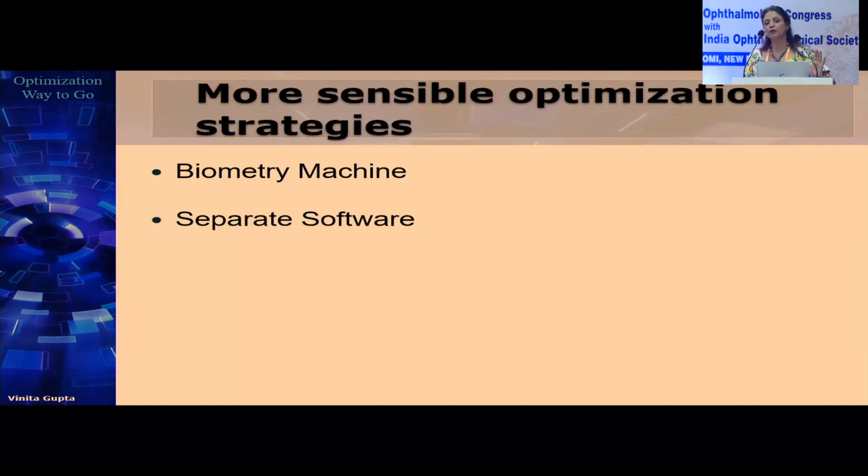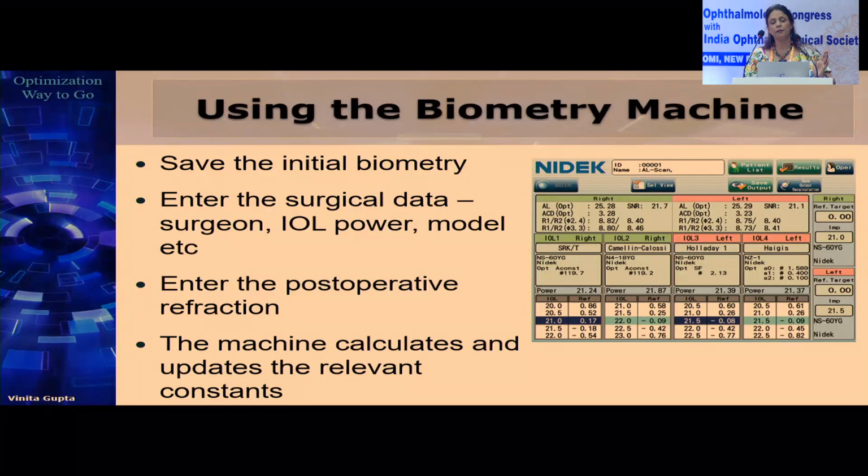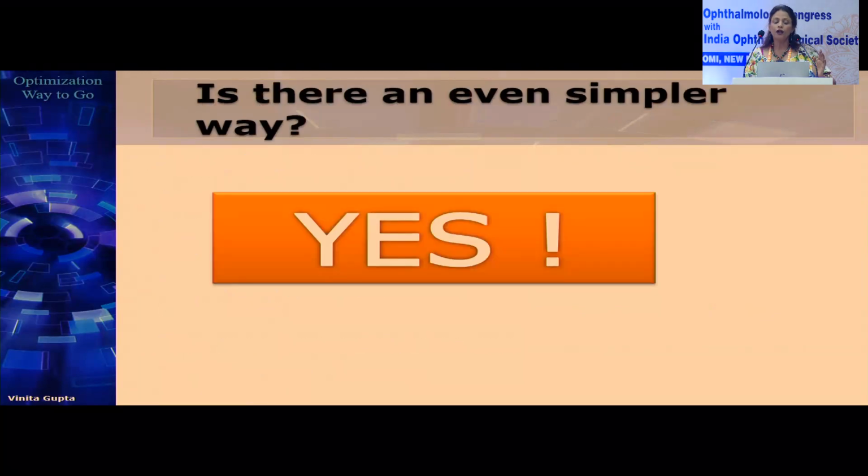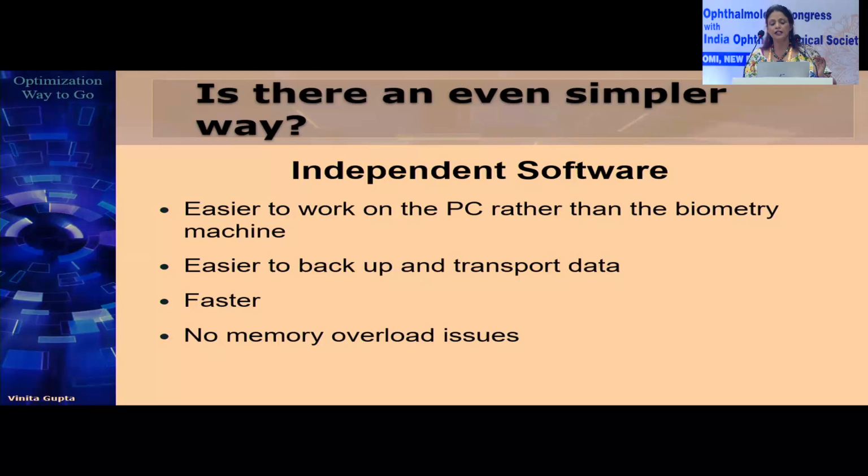So it is more sensible to use a biometry machine to do this optimization for you, or use separate software. Using the biometry machine, you enter the post-operative refraction in your biometry machine, and the machine will calculate and update the relevant A constants for you. Or a simpler method is using software on your computer, which can be done at any point, sitting anywhere, on your desktop, on your laptop, or even on your mobile now, with the updated software.